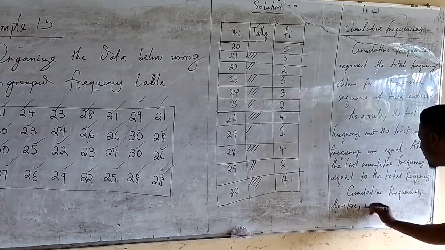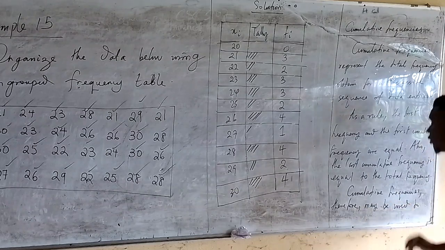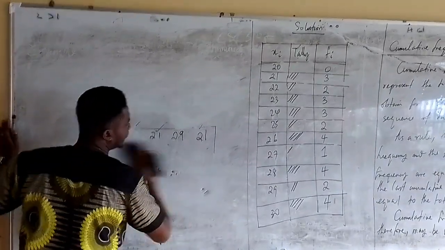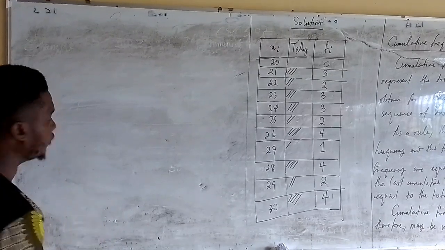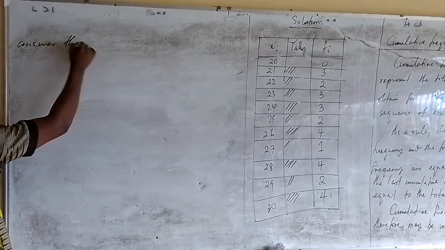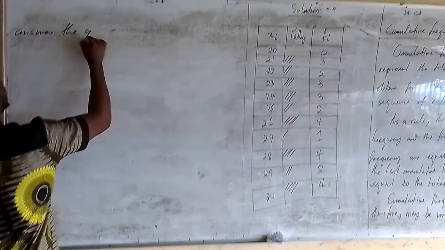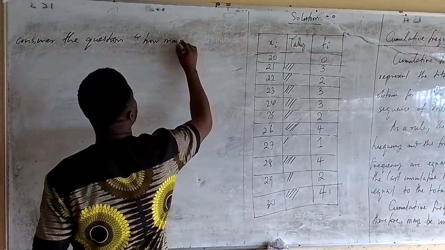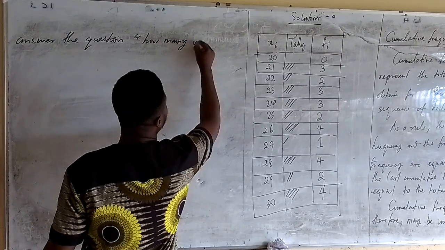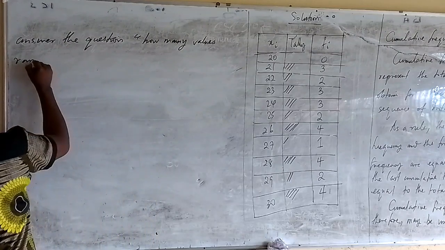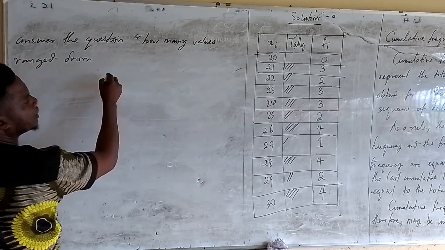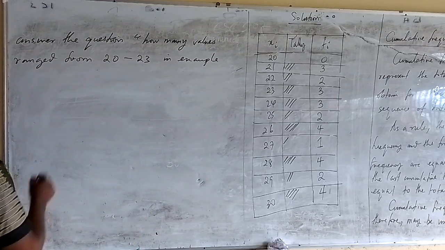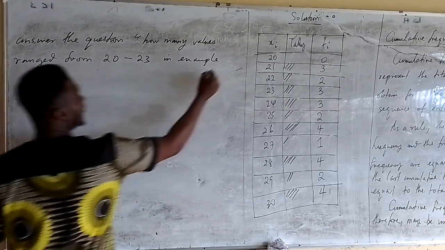Cumulative frequencies, therefore, may be used to answer the question, how many values ranged from 20 to 23 in example, what do you call it? Example, that was example 15, right? In example 15.